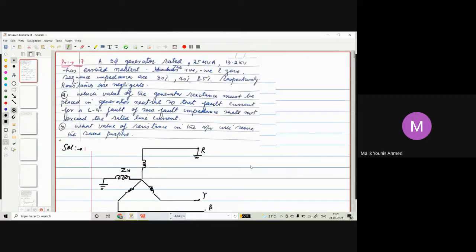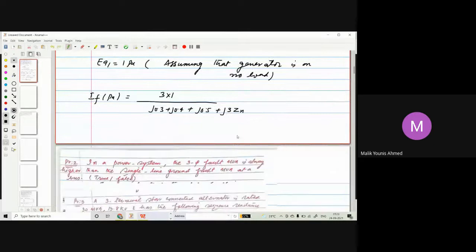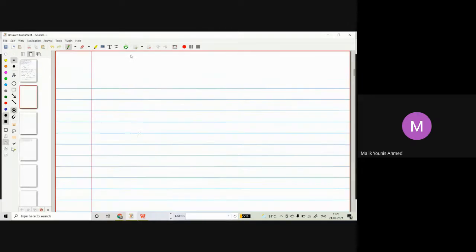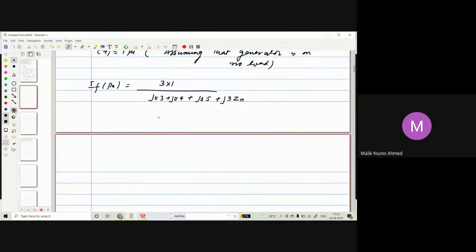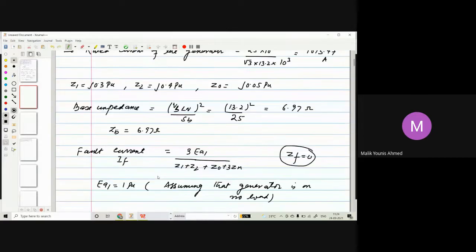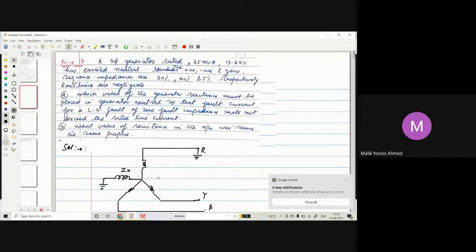So the question is like this. The value of the generator reactance that must be placed, we do not know yet, and we'll be getting that. Somebody can ask, sir, the fault current is not given. Yes, it is not given.